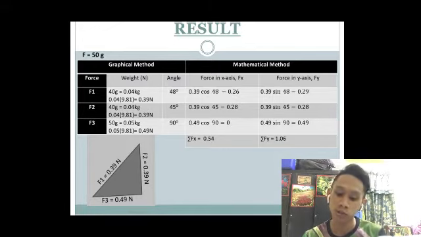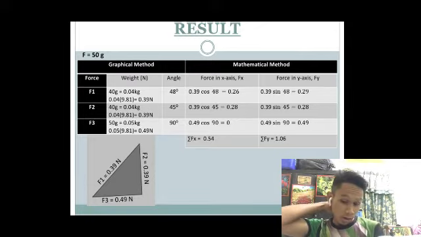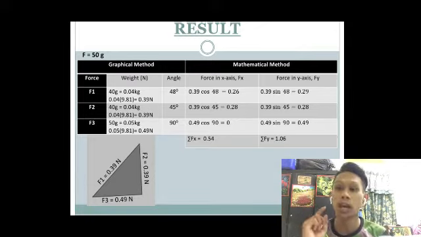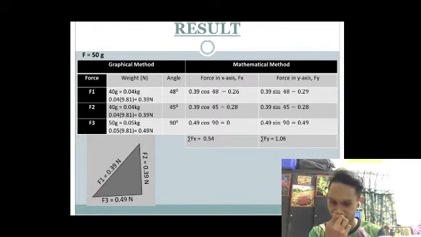For the third force, we use 0.49 Newton, at an angle of 19 degrees. The result for the x axis we got 0 Newton, and for the y axis we got 0.49 Newton.